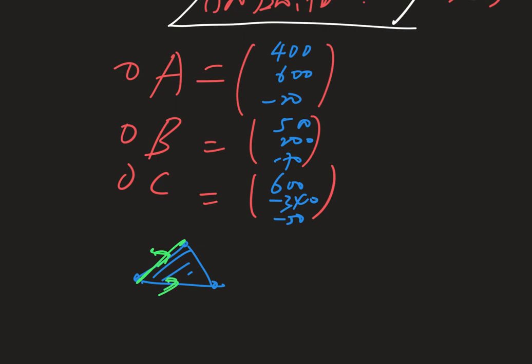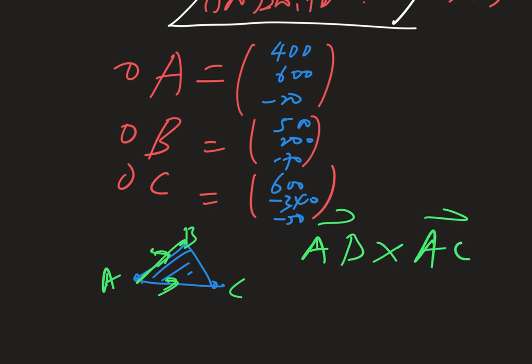So the cross product of these vectors, AB cross AC, will give us a normal n, because when we cross the vectors we get a normal.